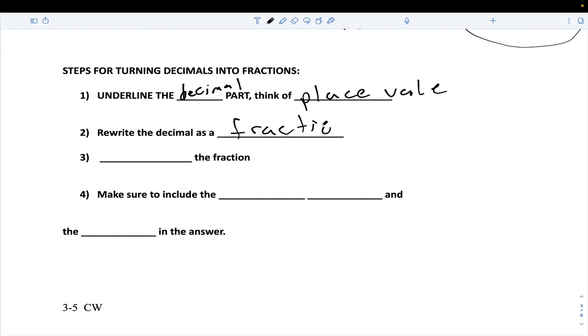You might have thousandths in silver. I don't think I give it to you in bronze or homework though. Then you're going to simplify. Make sure to include the whole number, like the one you just did, and the fraction in the answer.